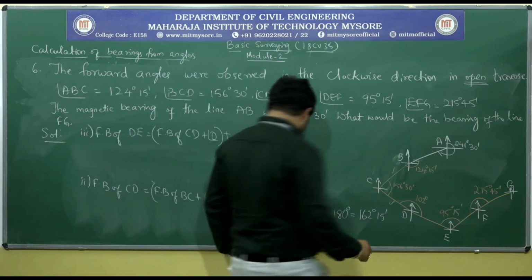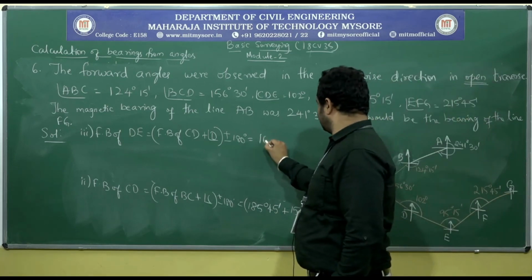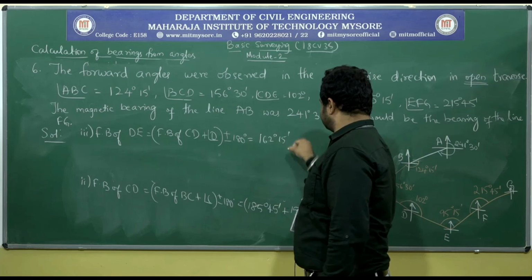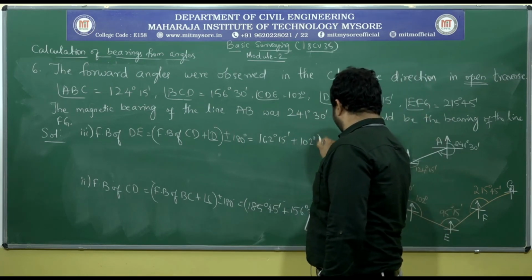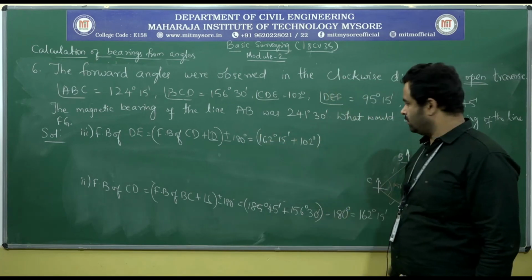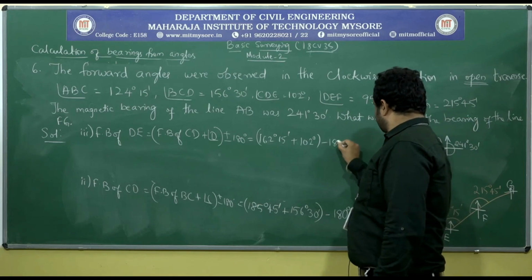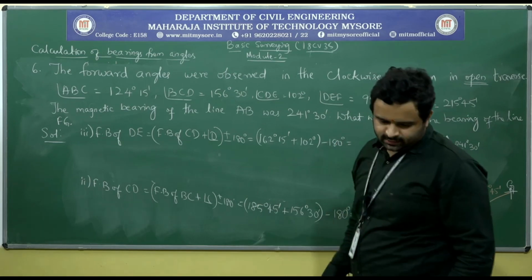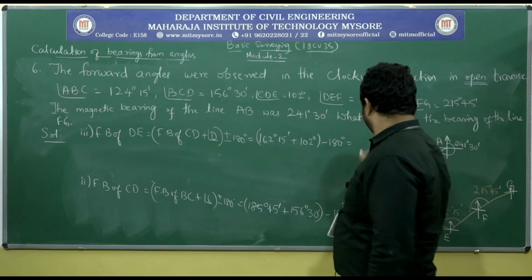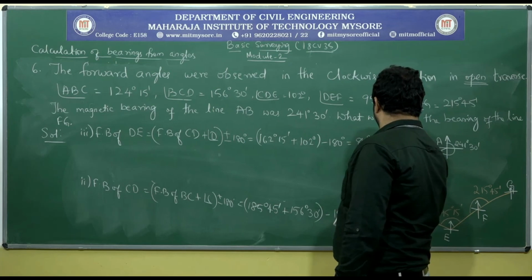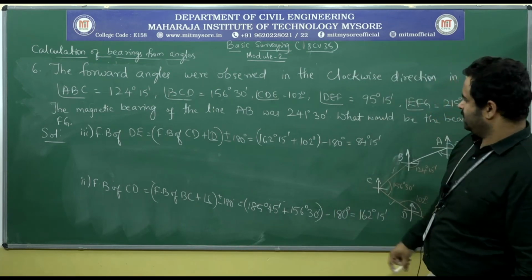Bearing of line CD is equal to 162 degree 15 minutes plus angle D is 102 degrees. So, if you add up, you will get obviously more than 180, so minus 180, since it is more than 180, you will get 84 degree 15 minutes. Bearing of the line DE is 84 degree 15 minutes.